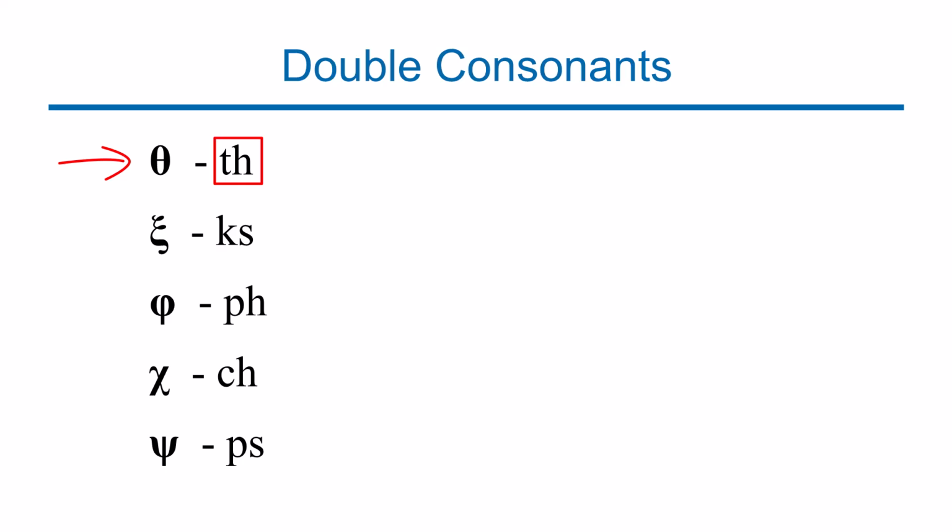Xi is the ks sound, phi has the ph sound, chi has the ch sound, and lastly psi has the ps sound. So these are what we call double consonants. When you're looking at them, you're looking at two letters that are embedded to form one letter.